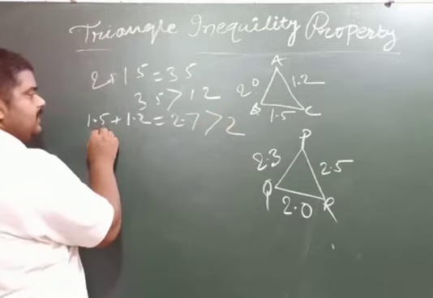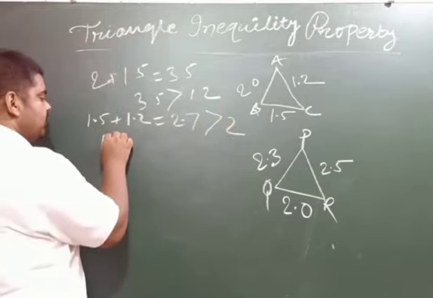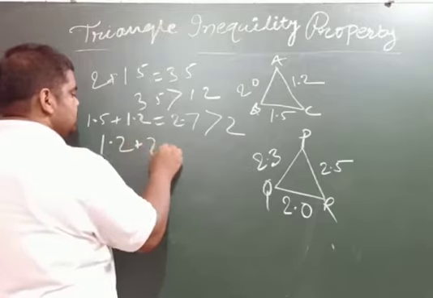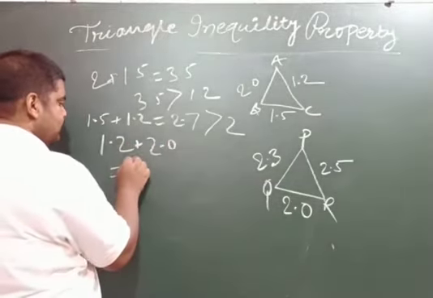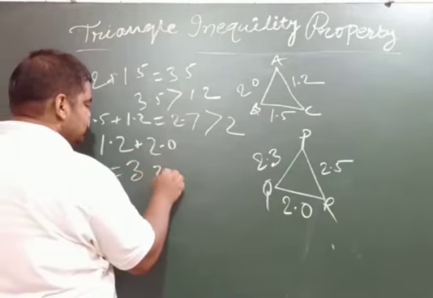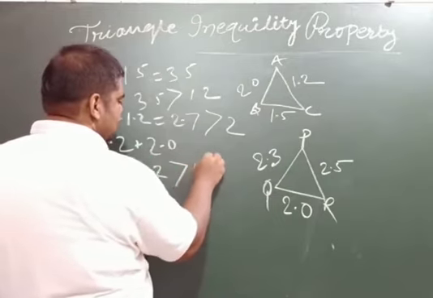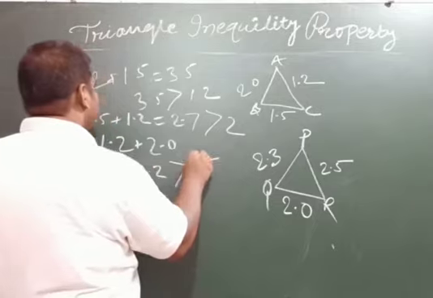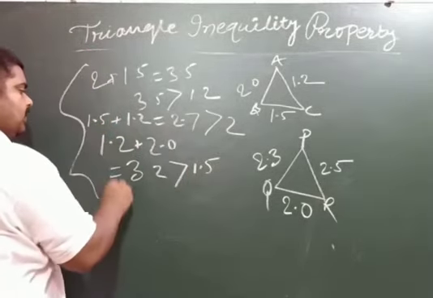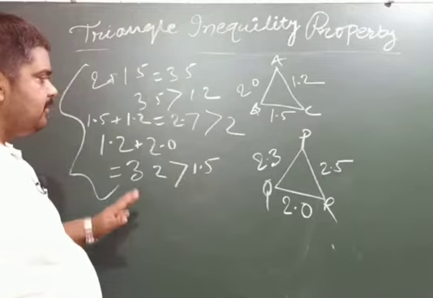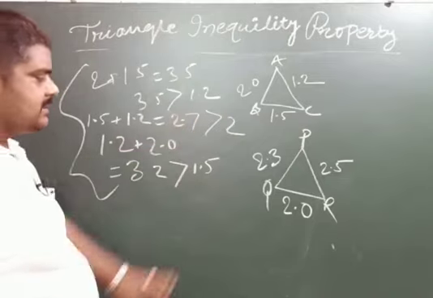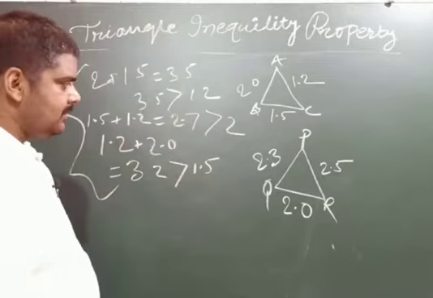Similarly, the third case is 1.2 plus 2.0, which is 3.2, and it is greater than 1.5. So the first one follows the triangle inequality property, and since it does, it is a triangle.